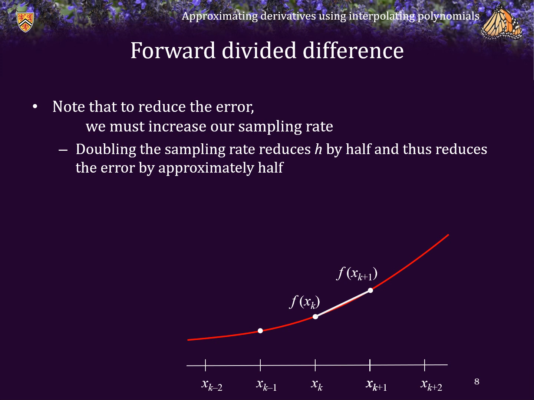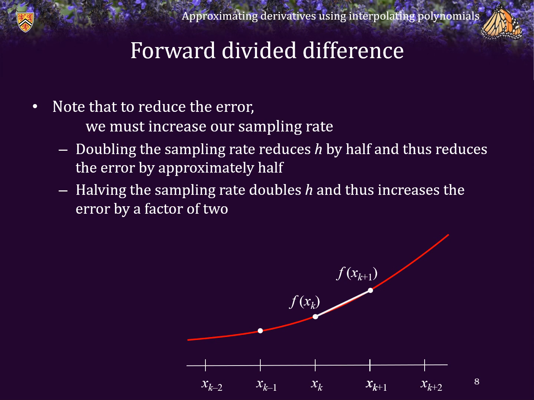And therefore, the error of our approximation is also going to be approximately halved. At the same time, halving the sampling rate, which is therefore cheaper, is going to double the value of h and thus increase the error by a factor of 2.